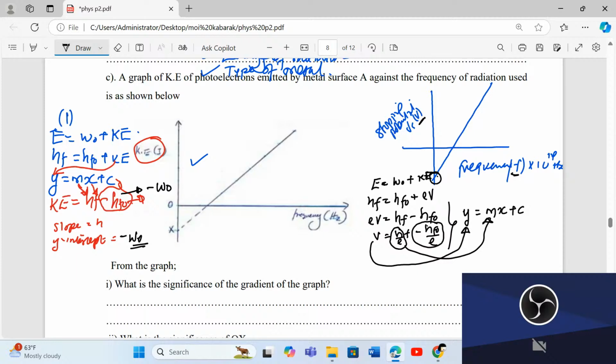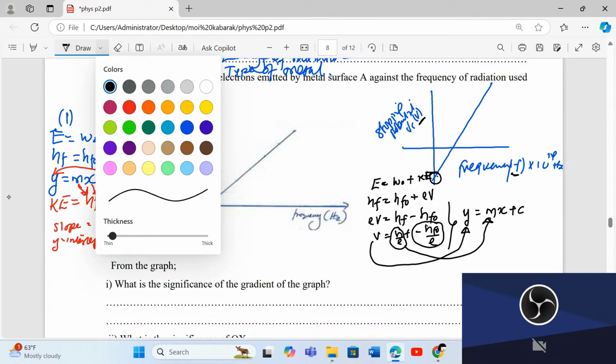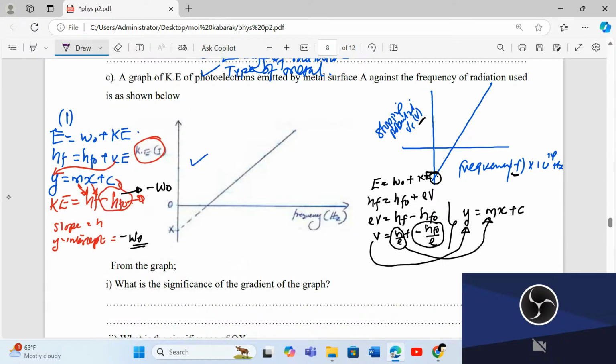Therefore, we can deduce that our slope is h over e, whereas our y-intercept is negative hf naught over e. Therefore, if you read it directly, it will be giving you the work function in electron volts.